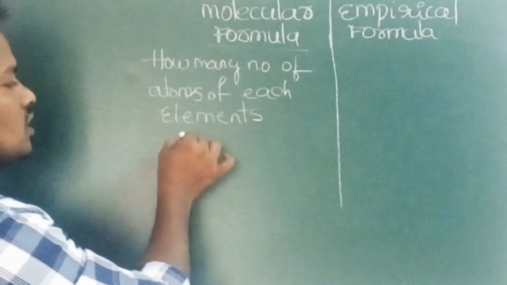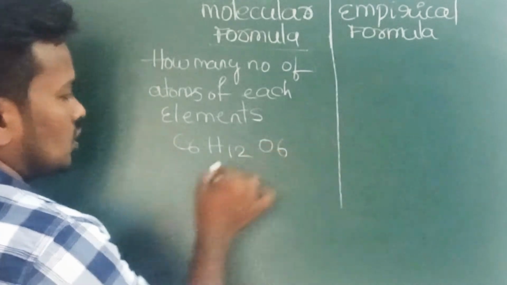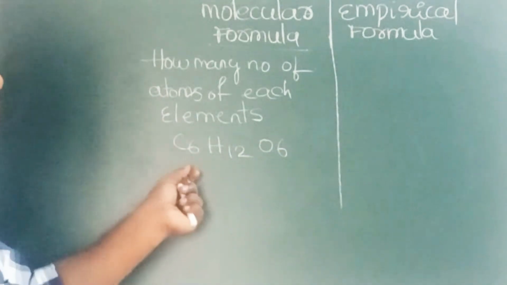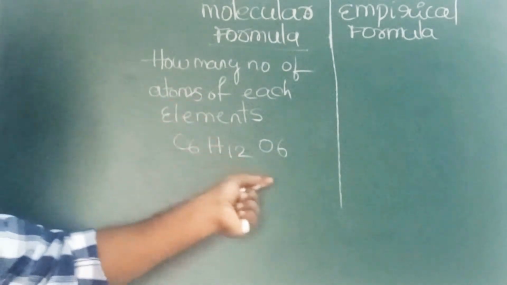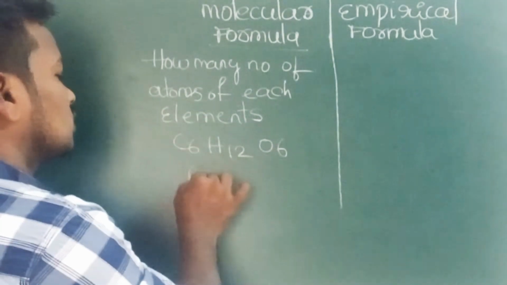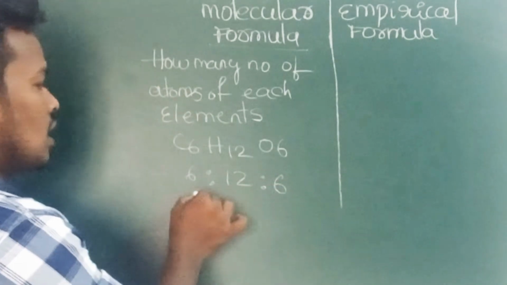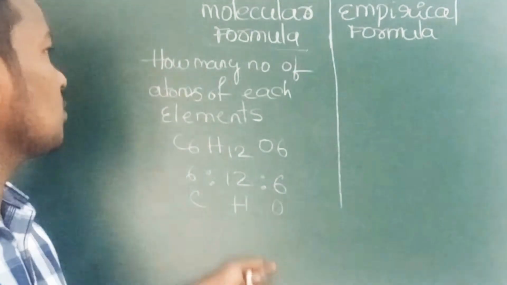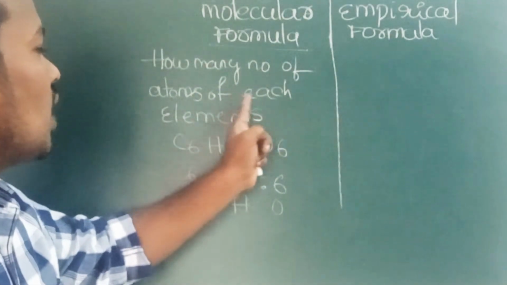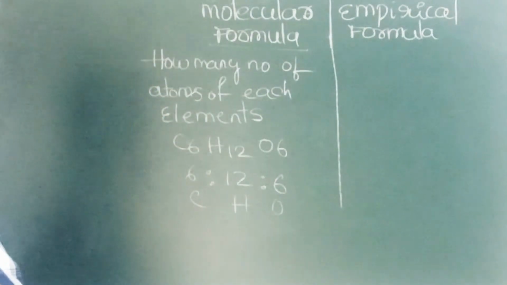For example, C6H12O6 gives the information that it contains 6 carbons, 12 hydrogens, and 6 oxygens. So carbon, hydrogen and oxygen are present in a 6 to 12 to 6 ratio. This is nothing but how many atoms of each element are present. This will give the information.